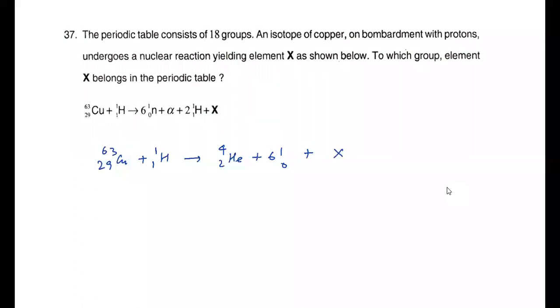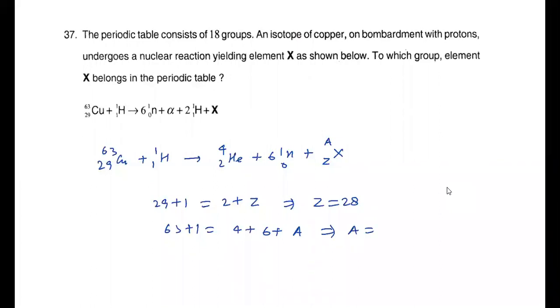So if I'll assume that element X has atomic number Z, mass number A, and as per equation, 29 plus 1 must be equal to 2 plus Z. So Z must be 28. Although we just want periodic table position, so atomic number is sufficient. If we need mass number, that can also be calculated. So it is 63 plus 1 is equal to 4 plus 6 plus 8. So from here we'll get mass number as 54.